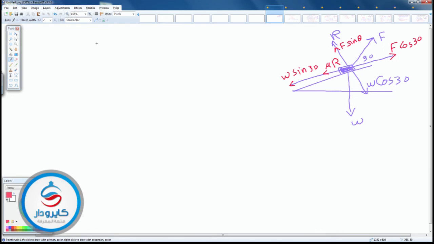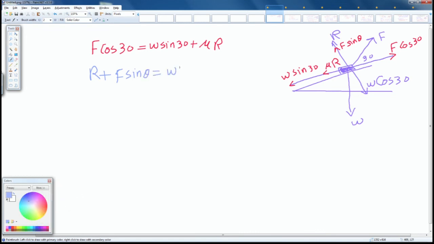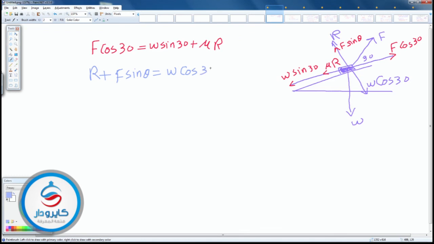Let's write down the equations together. First, F cosine 30 equals W sine 30 plus mu R. Secondly, we have the second equation, R plus F sine 30 equals W cosine 30.